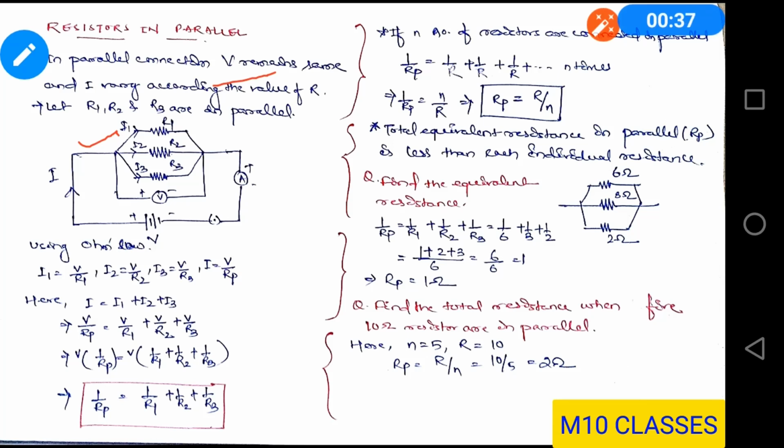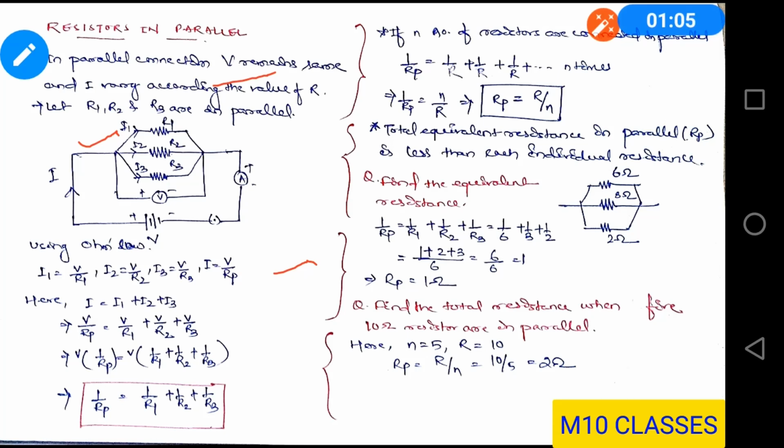Now what is the voltage source? That is your V. So by using Ohm's law, I can get I1 equals V divided by R1, I2 equals V by R2 and I3 equals V by R3, as potential difference is constant. Now let's say Rp is the total equivalent resistance in parallel. So you'll get I equals V by Rp.